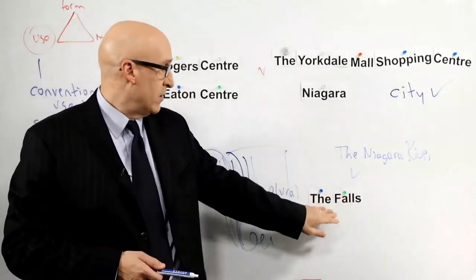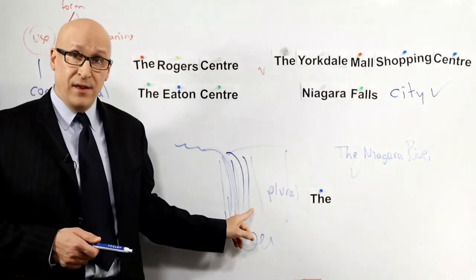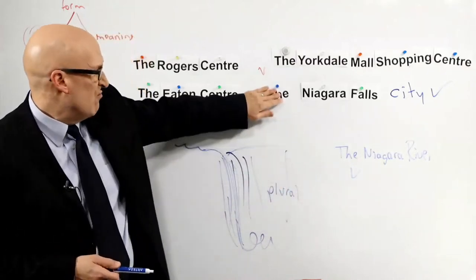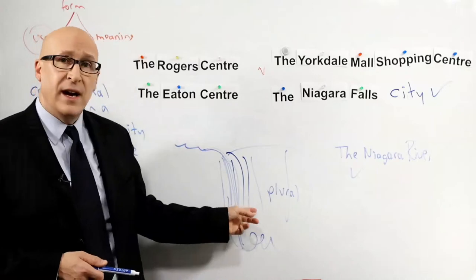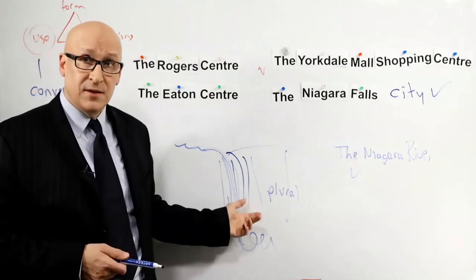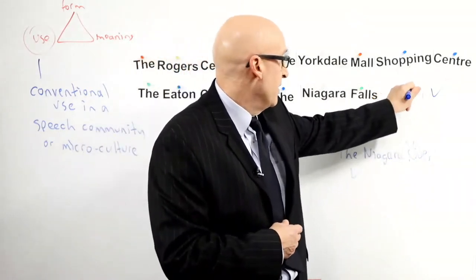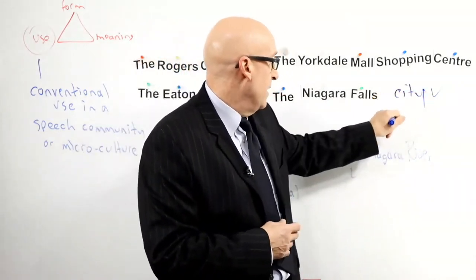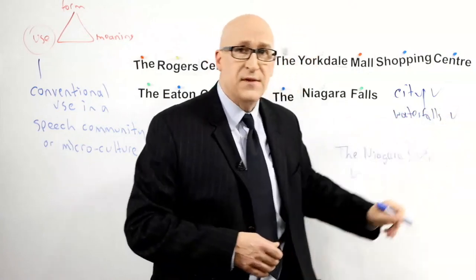The falls in Niagara. Is it wrong to call these the Niagara Falls? No, it's not really wrong, right? These are the Niagara Falls. So if we're talking about the city, that's fine, and the waterfalls, I think that's fine too.